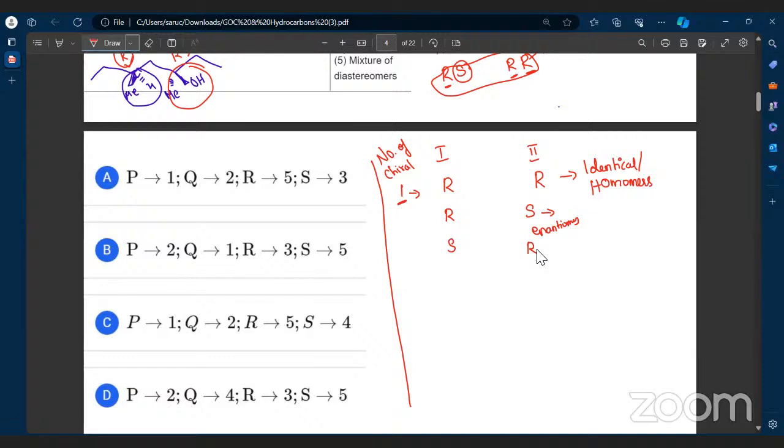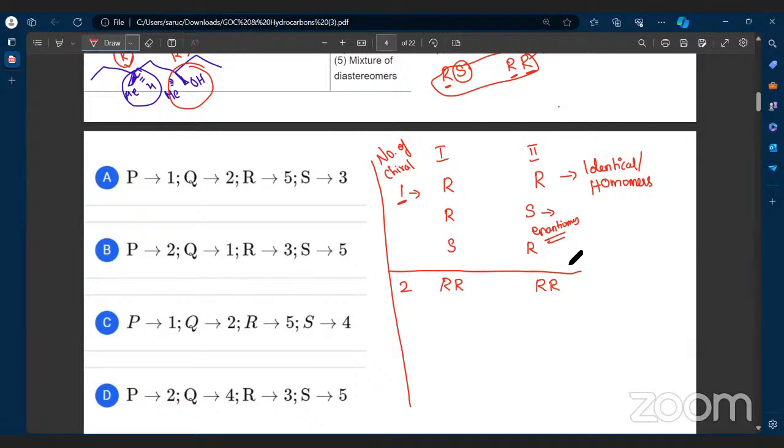If one is R, the other one is S; if one is S, the other one is R, just opposite, then they are said to be enantiomers. This is for one chiral carbon. Clear with this, everyone? Now I'll go with two chiral carbons. If the configuration is RR and the other is also RR, they are identical isomers.